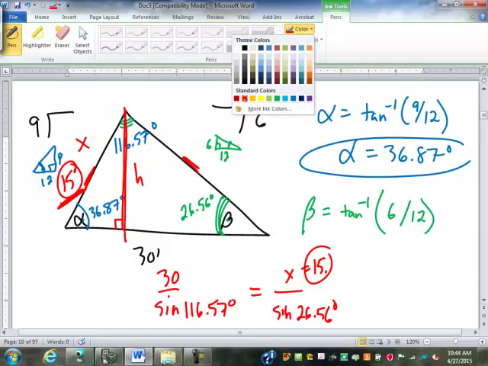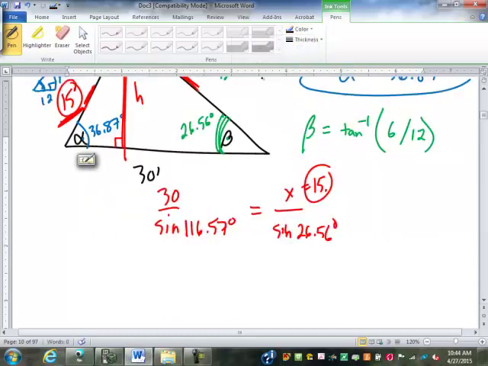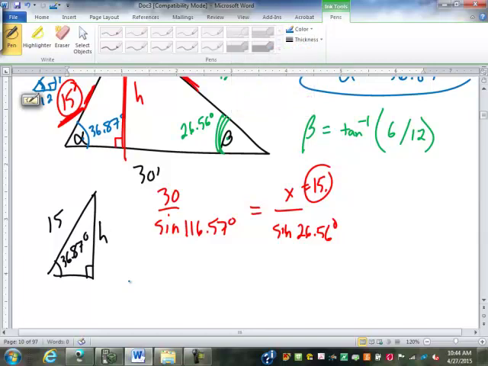really easily because we have a right triangle. This is 15 feet. This is 36.87 degrees. There's H. We have the opposite side and the hypotenuse, which is sine. Remember, sine of an angle is opposite over hypotenuse.